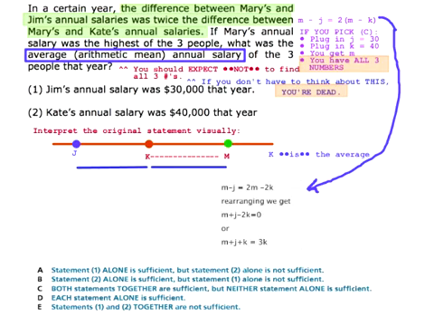This is very goal oriented, and people could totally do this, because the goal here is to isolate the expression m plus j plus k over 3, because that is what we want.